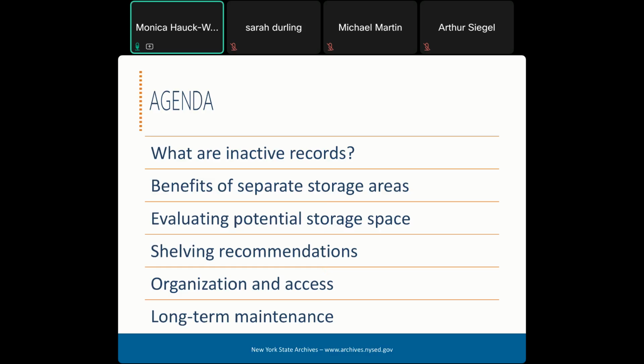After that, we'll talk about how to utilize your record storage space to ensure that content remains accessible and usable and can be found quickly, and that it's protected from inappropriate access or destruction. Finally, we'll provide tips on how to ensure that your record storage spaces remain a safe and appropriate location throughout the record's retention periods, which could be 5 years, 10 years, 50 years, or for permanent records, forever.